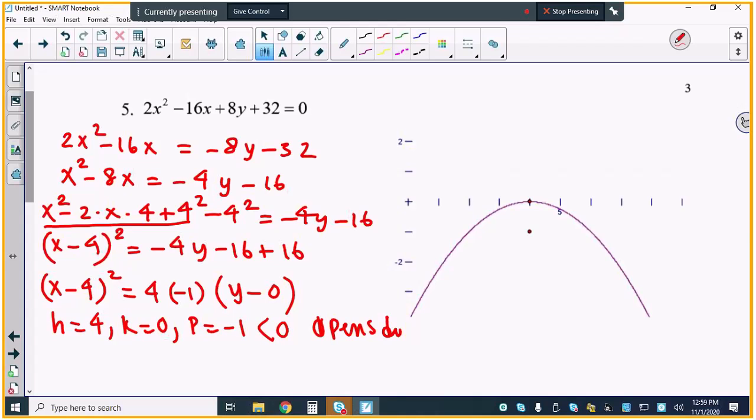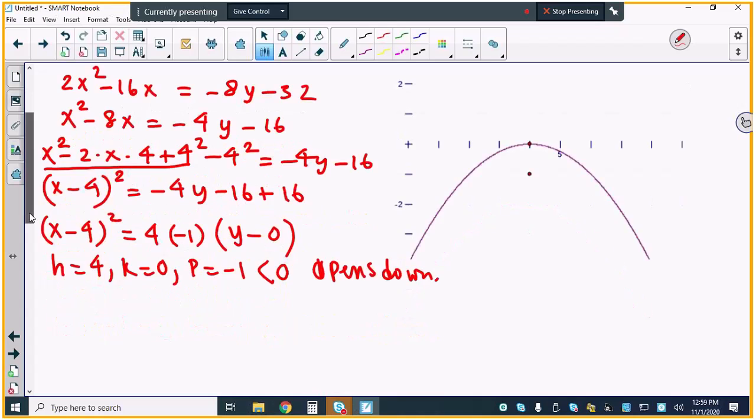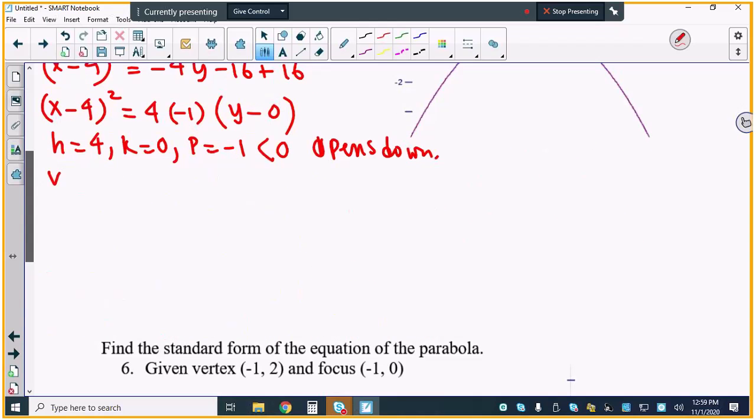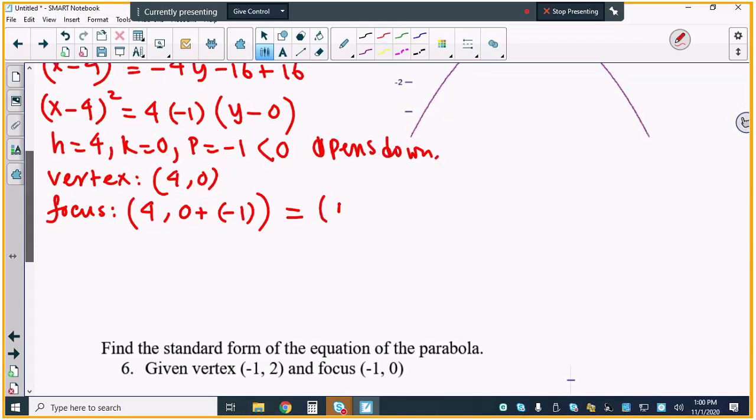And we will write down the other information as well. So vertex this time is h comma k, so that's 4 comma 0. Focus, so this time you're going to change the y coordinate of the vertex. So 4 comma 0 plus the focal distance, and it is negative 1, so that's 4 comma negative 1.